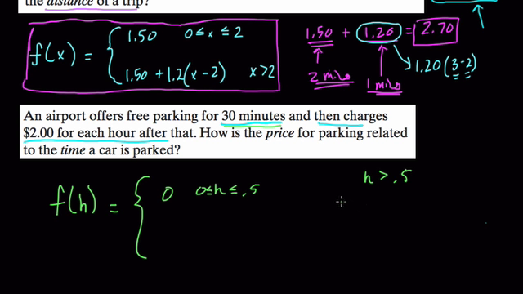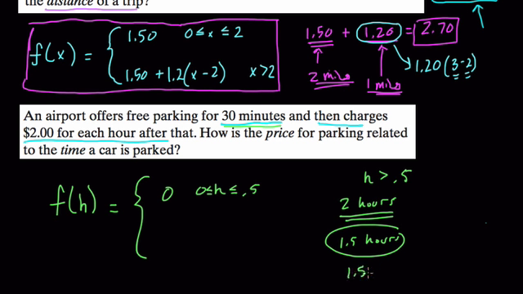Let's say you were there for 2 hours. It was free for the first half an hour, but after that, it's $2 per hour. So if you're there for 2 hours, that's 1.5 hours beyond the free part. You subtract the half an hour, and what remains is what you're being charged on. So it would be 1.5 times $2, and you'd be charged $3 in total.